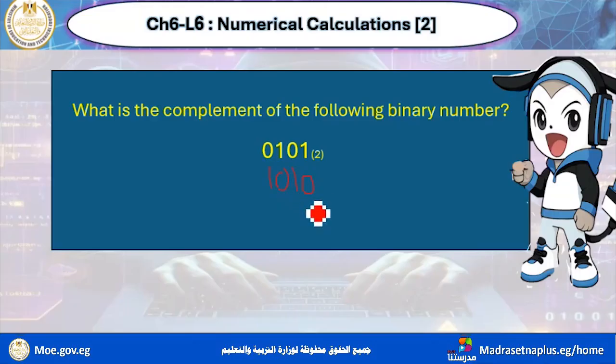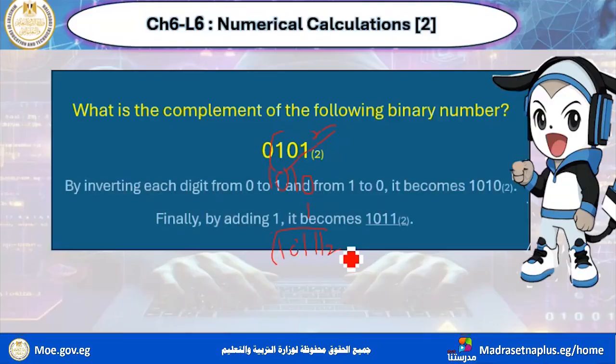No, we need to add 1. 1, 1, 0, 1. So the complement of this number is this number. Yes, our answer is correct.